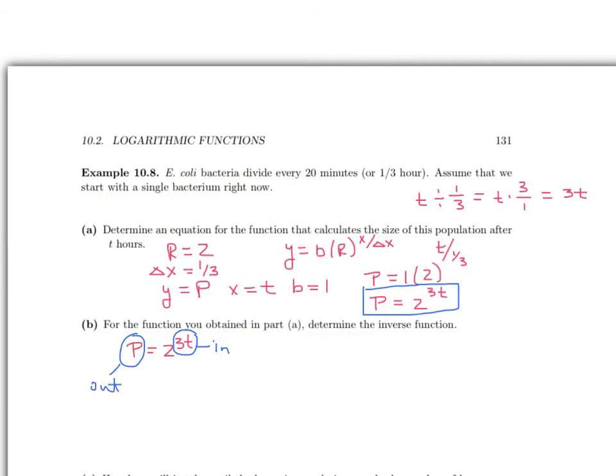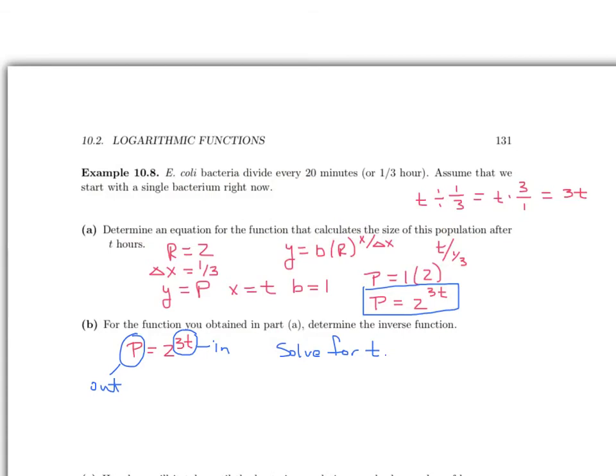If I want to determine the inverse function, that means I want to solve this equation for t. Solve for the input variable. And notice the input variable is inside an exponent.